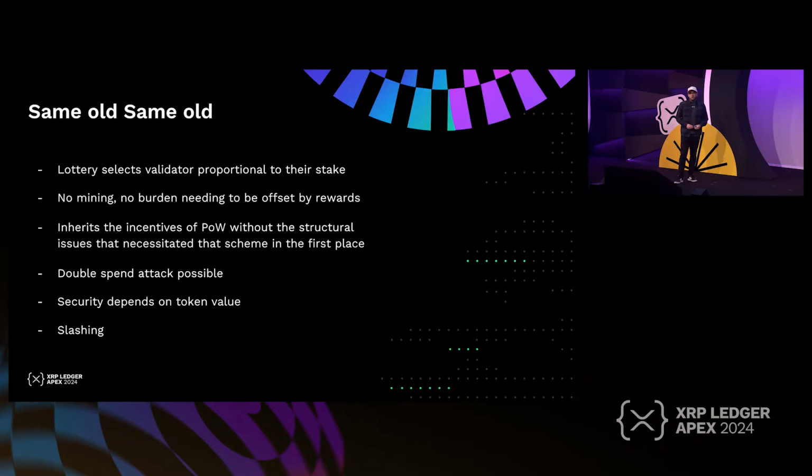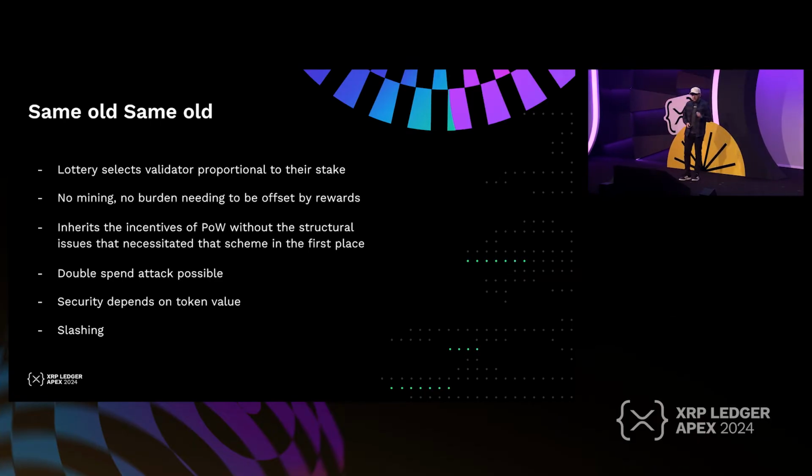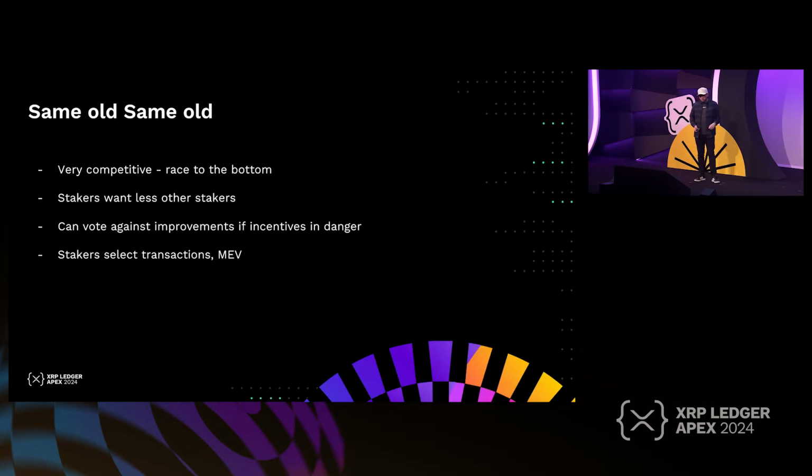Slashing, yeah, this is something that they try to combat with, basically, to punish people who are misbehaving, okay? And we're going to see that these mechanisms are very interesting to see, the reward and punishment, okay? You see the reward and punishment here already. It's also very competitive.